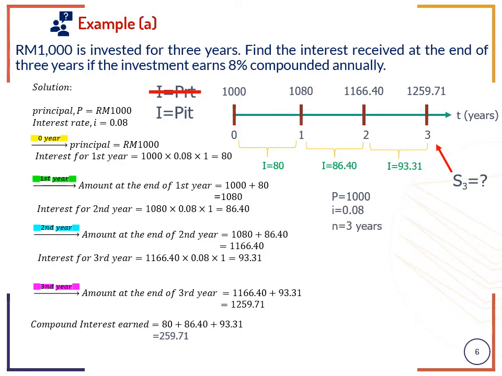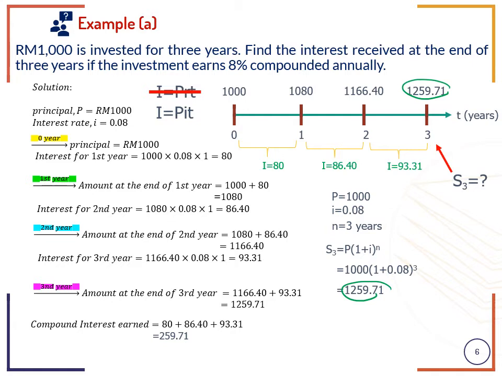So from compound interest formula, S equal to P(1 plus i) power of n, replace P with 1,000, i with 0.08 and n with 3. Therefore, the amount at the end of 3 years is equal to 1,259 ringgit 71 cent. So this value is consistent with the value that has been calculated manually.